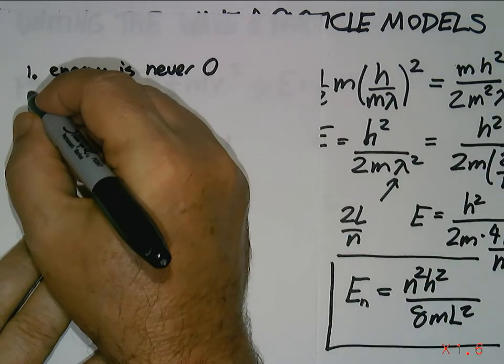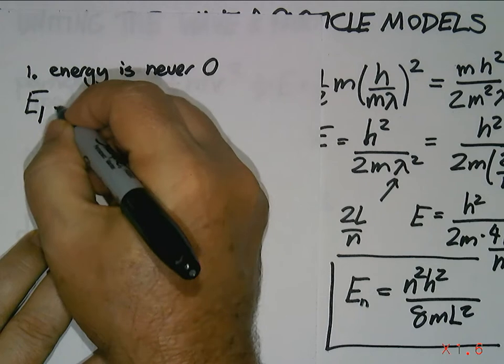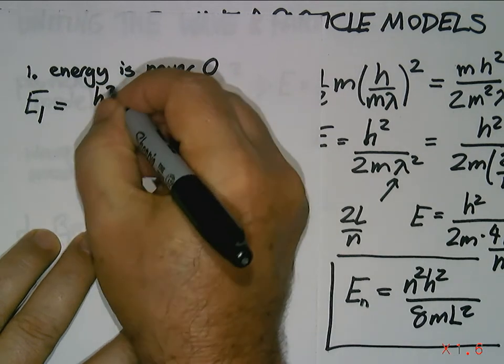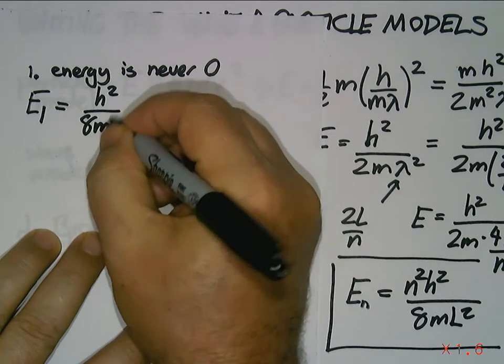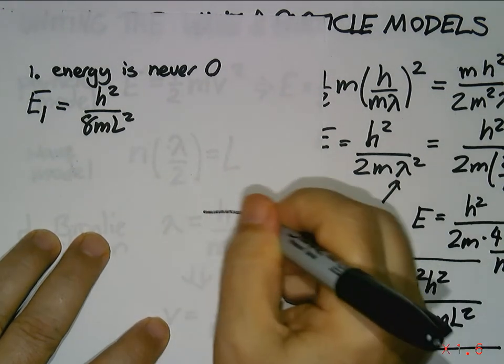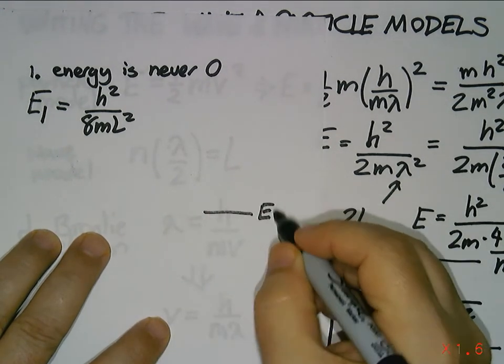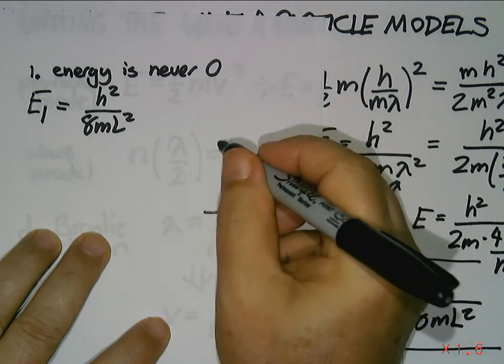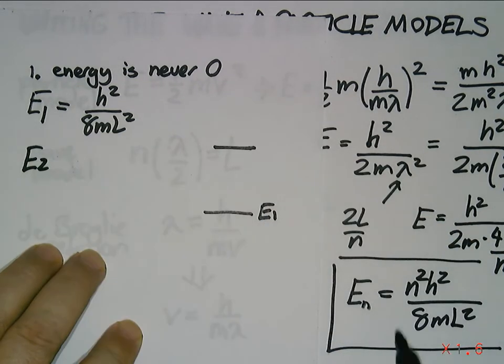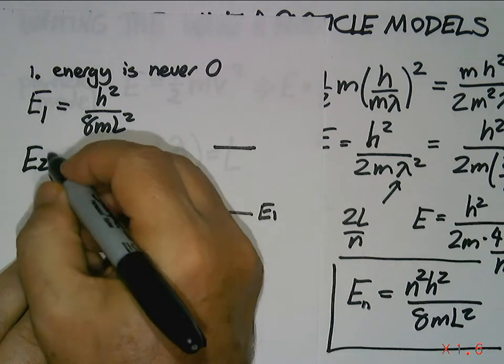The lowest possible energy is the ground state energy for this, E1, and that's if I put a 1 in for the n. So then I would have h squared over 8mL squared. That's the energy of the ground state for the electron on a wire. If I was going to make an energy diagram, I could put E1 there on the bottom. And where's E2? E2 would be, I'd put a 2 in here for n.